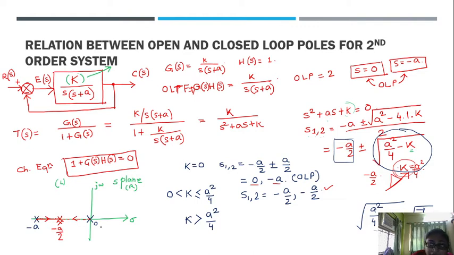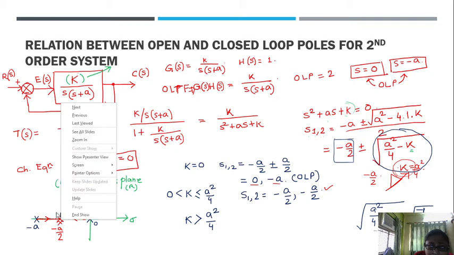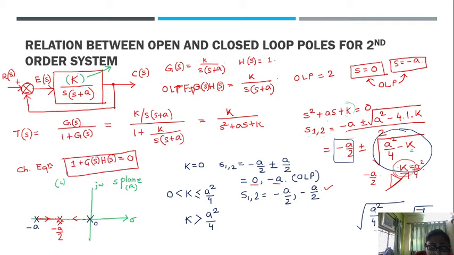So whenever the value of k is greater than a square by 4, we get two poles, one going towards this way and the other going towards that way, both along the imaginary direction with the real part minus a by 2.